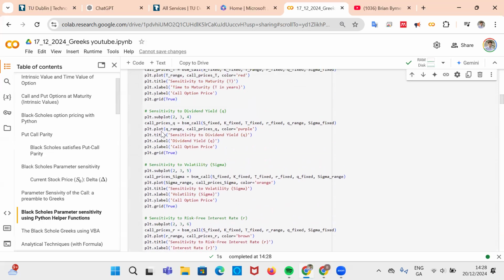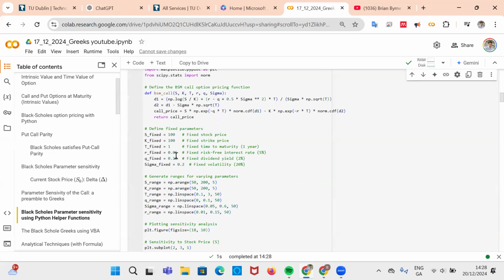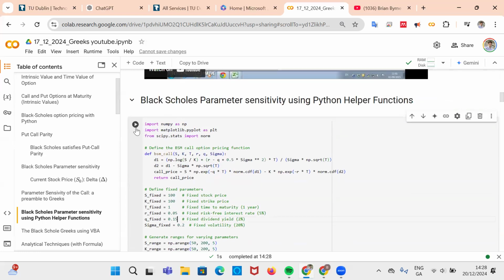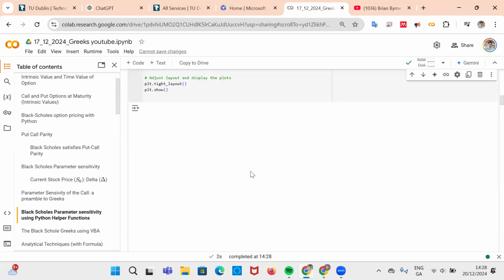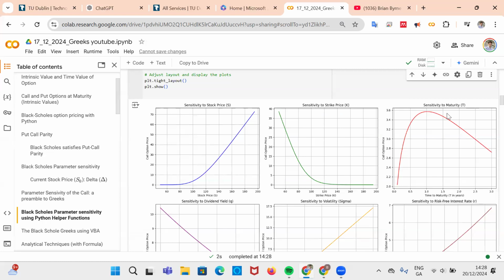We can accentuate that again if I take a higher, maybe implausibly high, dividend yield and run it again. We have a more dramatic effect. You can see that there are situations where, as the dividend yield is high, then as we increase the maturity, the value of the call option can actually drop.